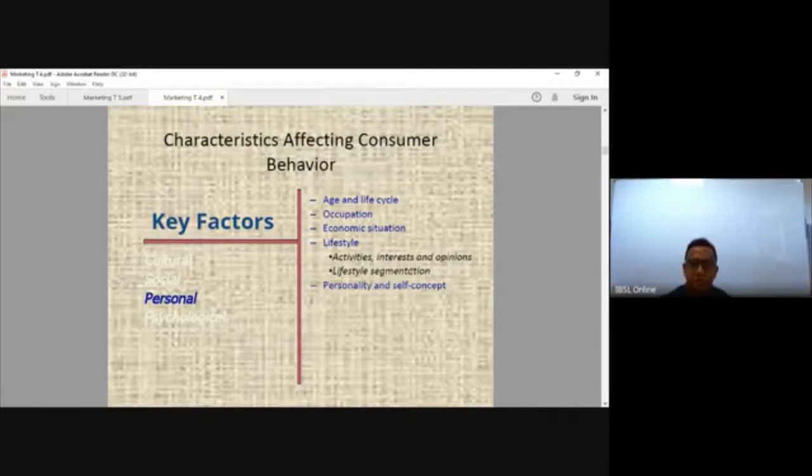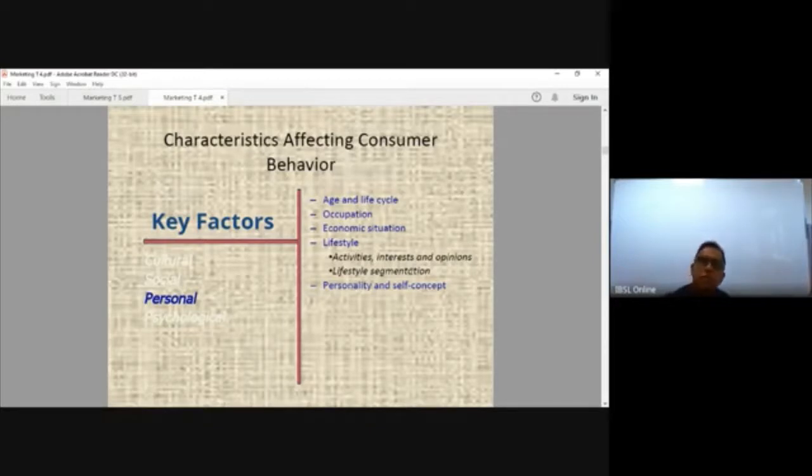So depending on the stage of your life cycle, and even depending on your age, buying behavior can be changed. Say, for example, a younger person has certain buying motives which are different to a senior citizen or an elderly person's buying requirements.